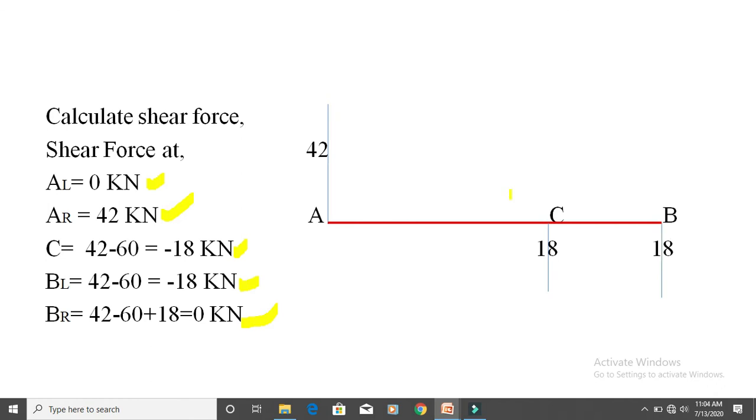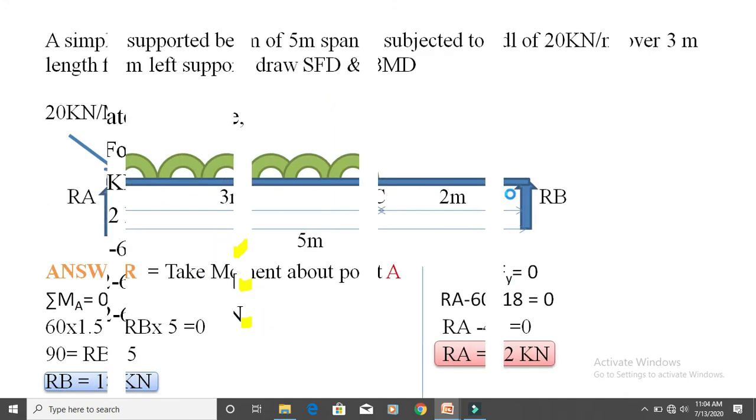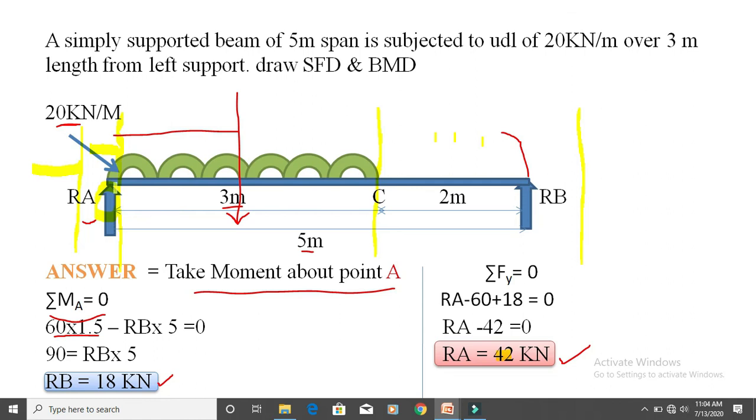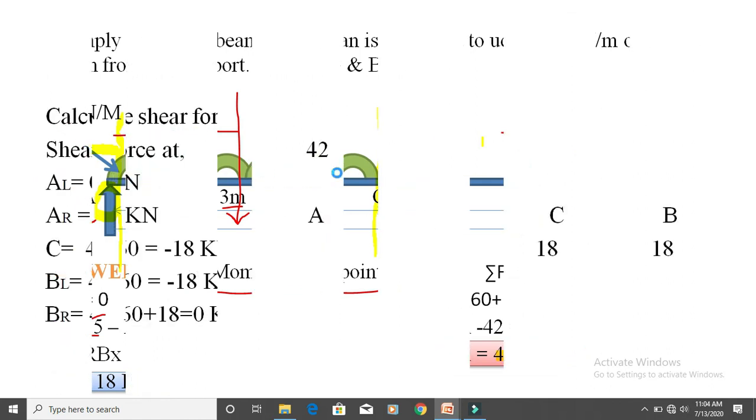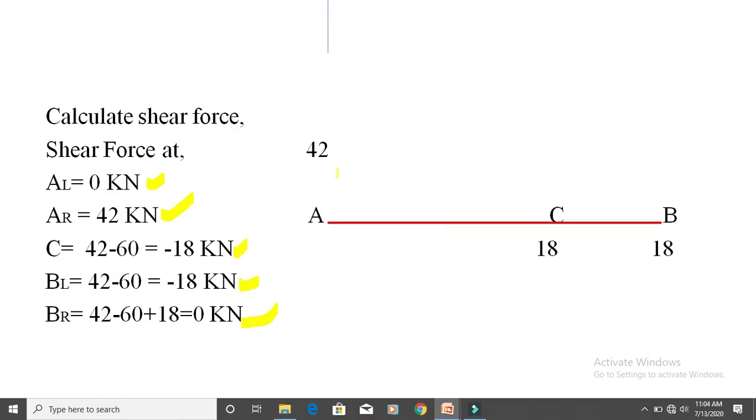Now join A and C. In between A and C there is a UDL, and when a UDL comes, it is joined with an inclined line, and in between C and B there is no load, so it is joined with a horizontal line. So this is the shear force diagram.